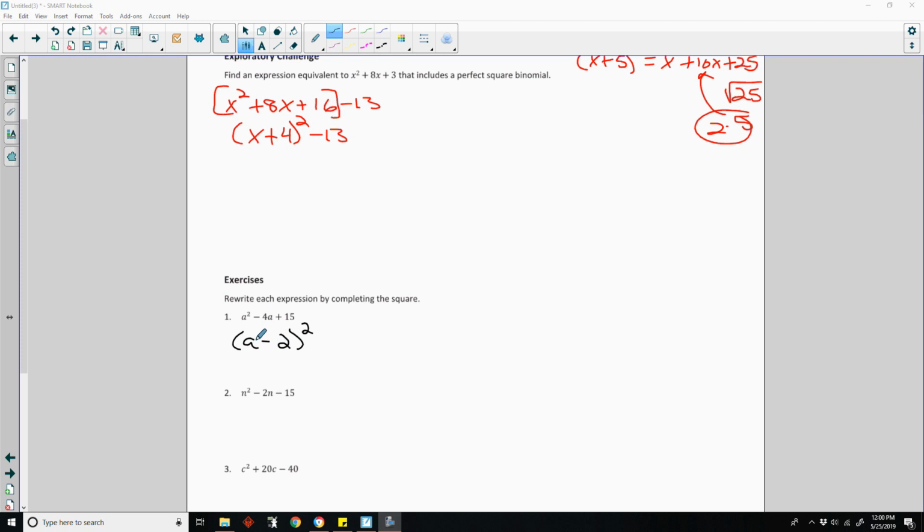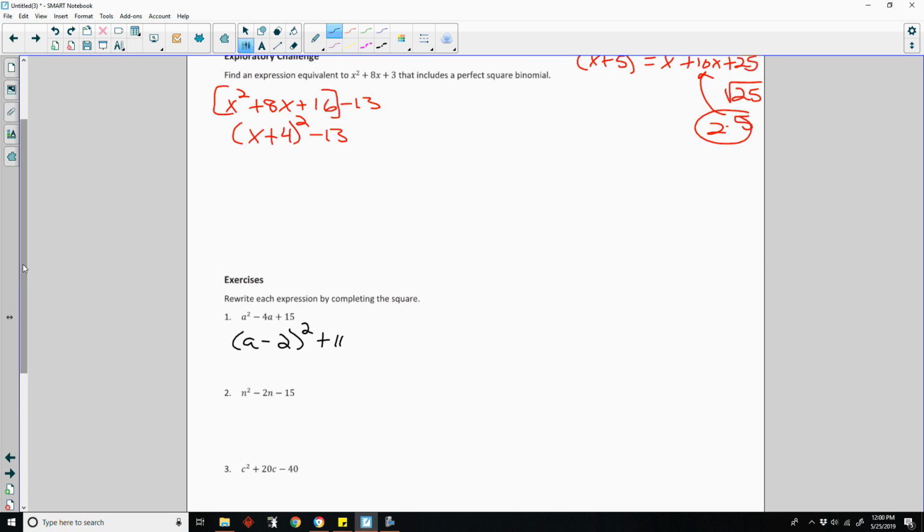So if I distributed this or FOILed, I'd get a squared minus 4a, and negative 2 times negative 2 is positive 4. Positive 4 is not 15. What do I have to add to 4 to get to 15? And that is 11. So a minus 2 squared plus 11 is equal to this as a completed square. So what we're doing here is we're taking half of the middle term and squaring it.